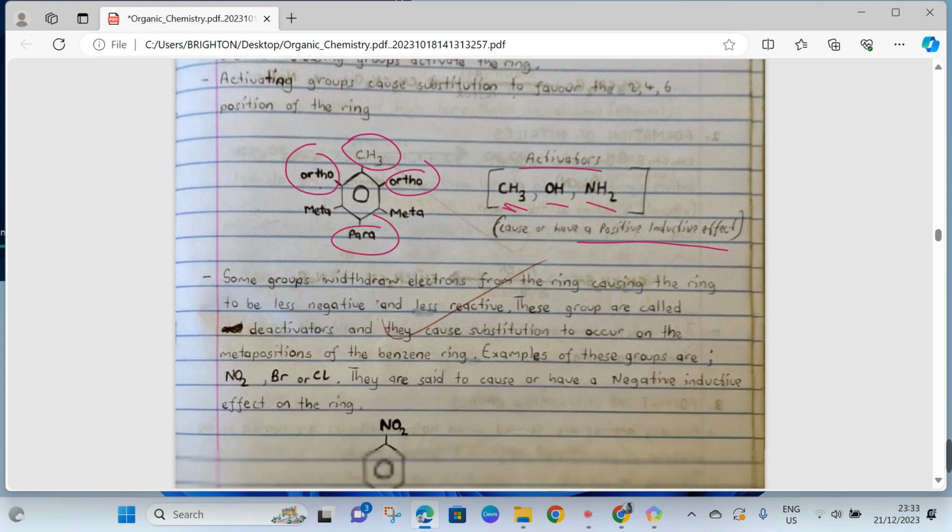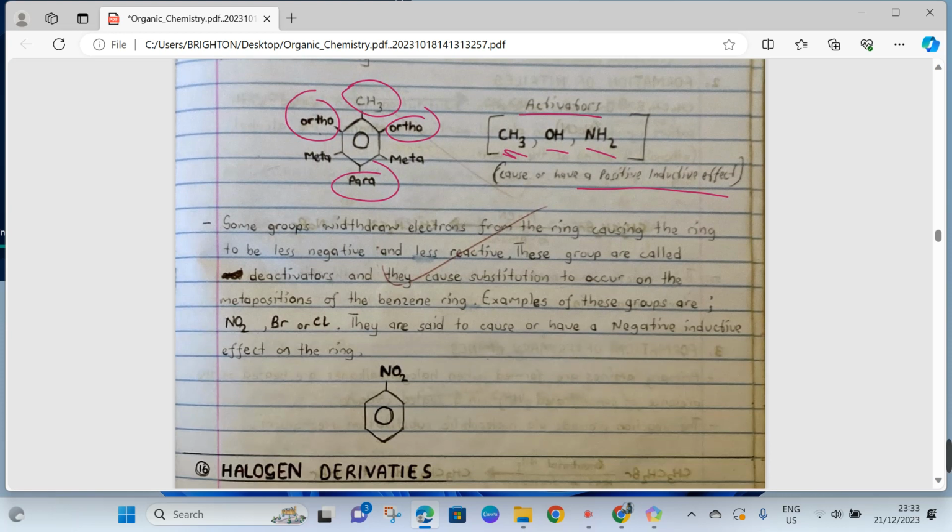Now we also have species that are called deactivators. Another example here is COOH, NO2, and the halogens. These are called deactivators. They tend to cause substitution to take place on the meta positions of the benzene ring, right?